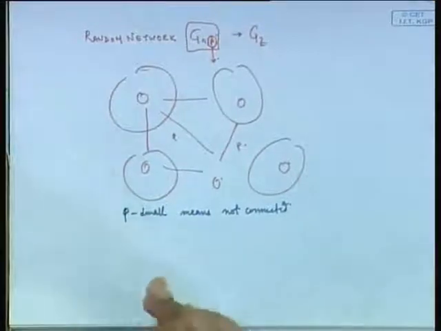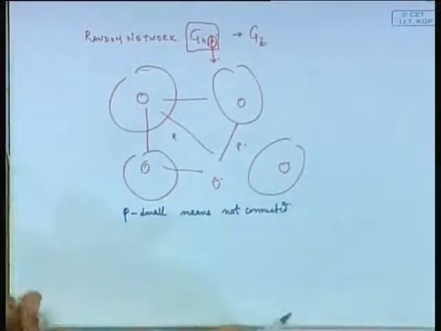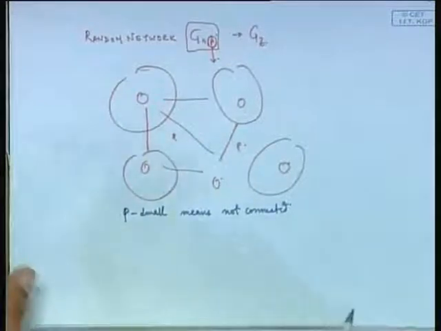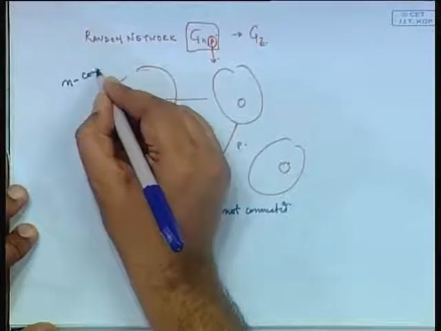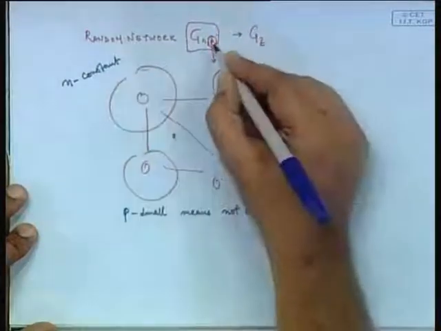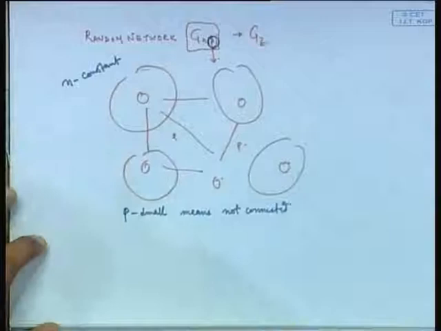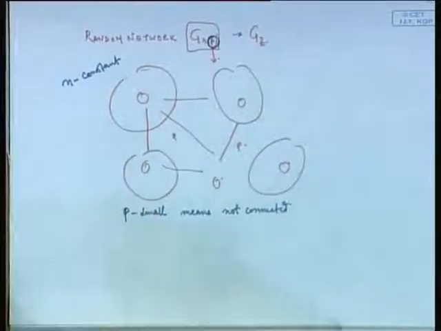And as you increase p, with increasing n the average degree will also go on increasing. So we take n constant. n is constant in this case, and I am just going on increasing p. So p is the parameter here.